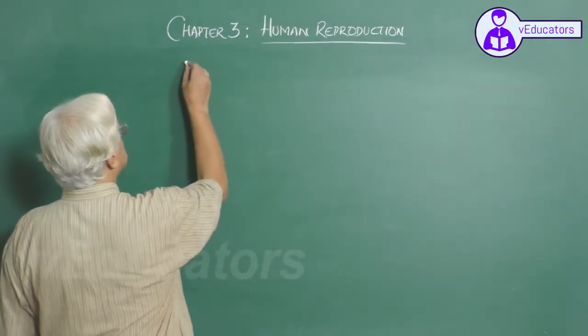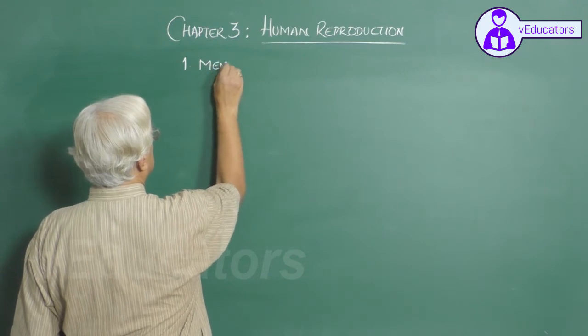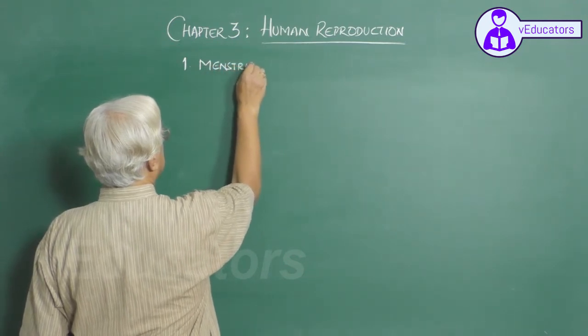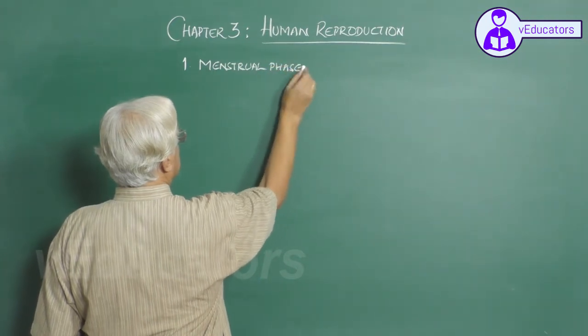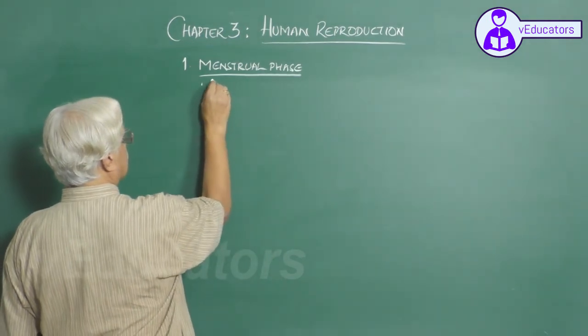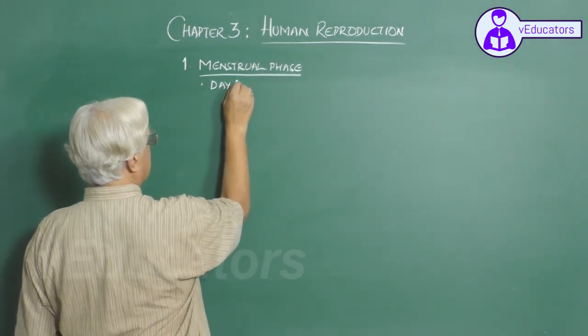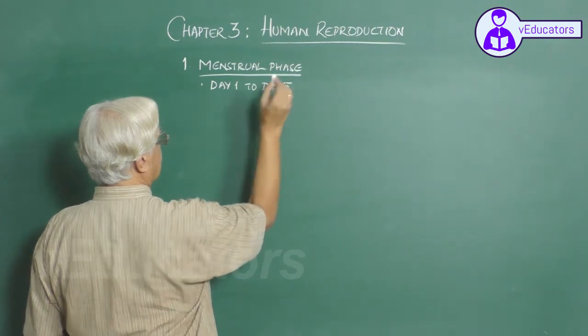Let us see what happens in menstrual phase. Menstrual phase is from approximately day 1 to day 5.